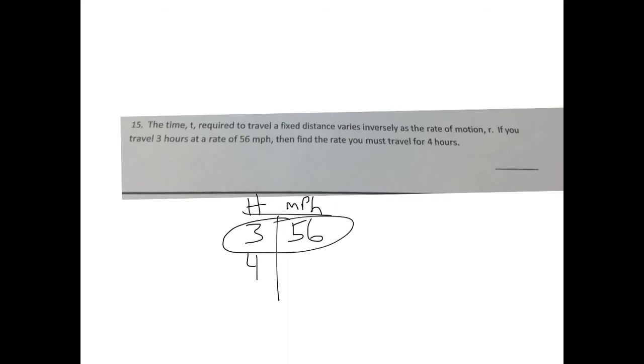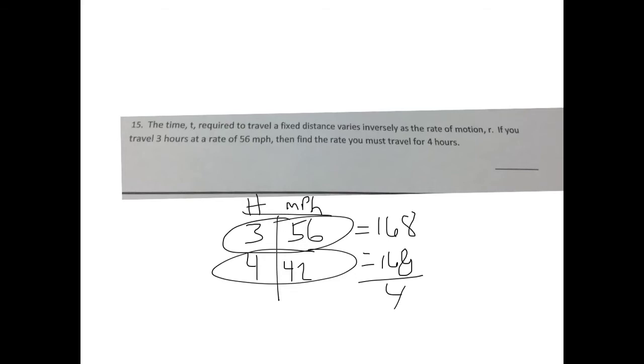So 3 times 56 means I'm traveling 168 miles. If I do this to get 168, then I have to divide that by 4. And I find out that I can go 42 miles an hour if I do it in 4 hours. This would be 42 mph.